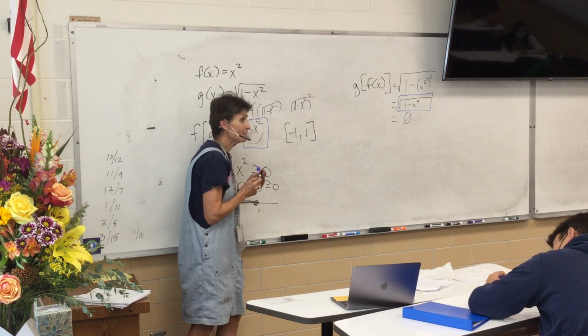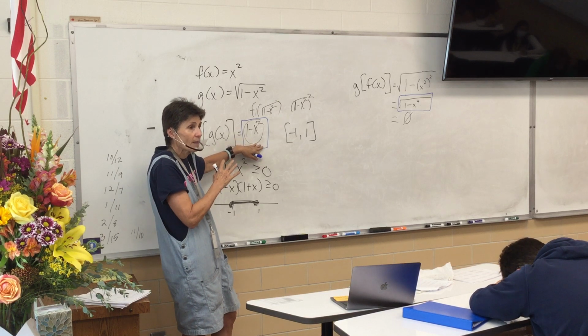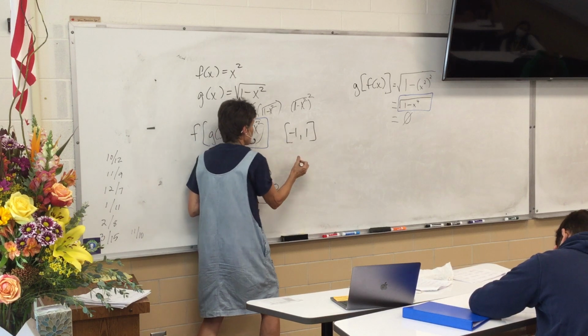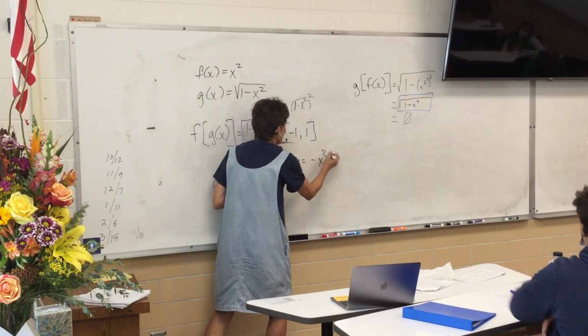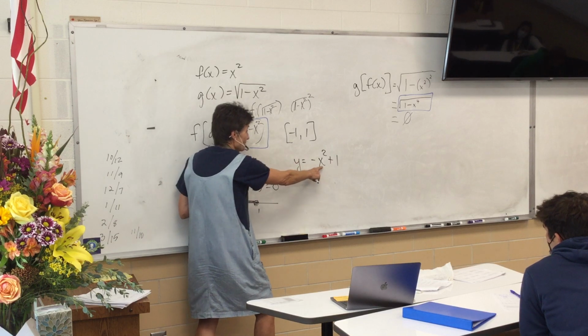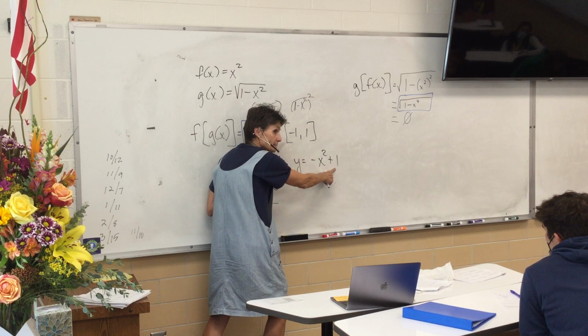Now what that means is, if you are going to graph Lane's composition, which by the way, you should be able to do, this would be an upside down parabola, moved up 1.